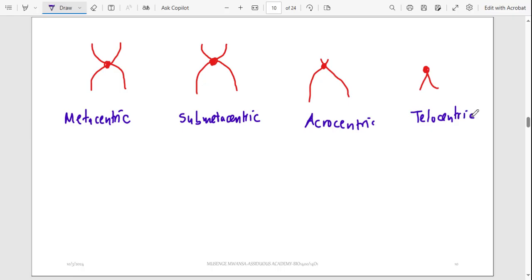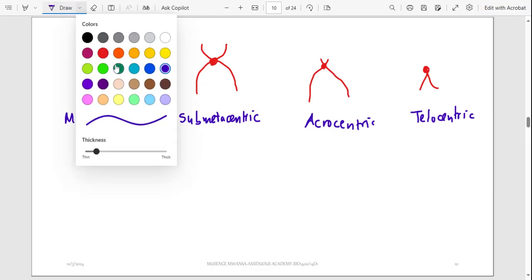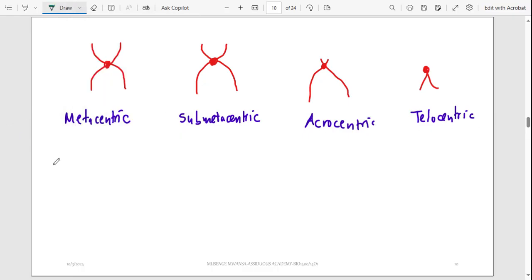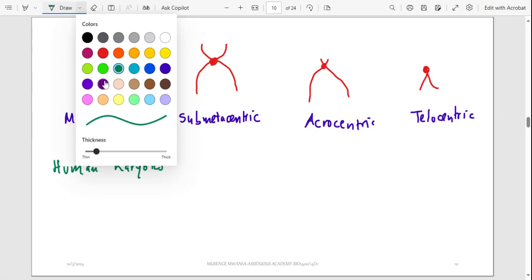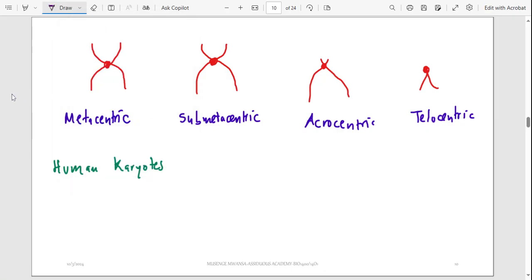Now, when we come to the human karyotype, what do we mean by karyotype? A karyotype is basically a representation of the number of chromosomes. In a human, the karyotype doesn't have any telocentric.